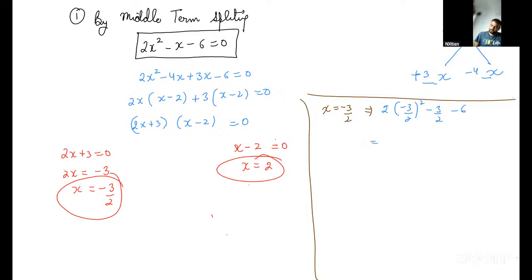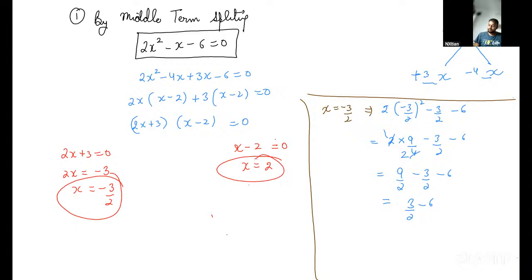It becomes 2 into 9 by 4 minus 3 by 2 minus 6. It becomes 9 by 2 minus 3 by 2 minus 6. It will become 3 by 2 minus 6.